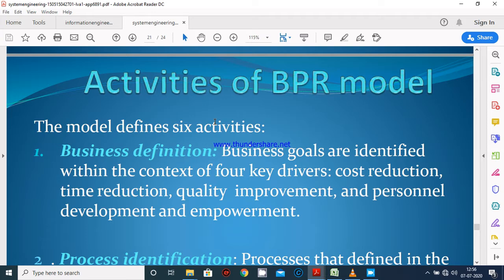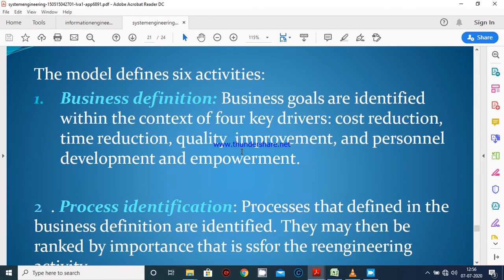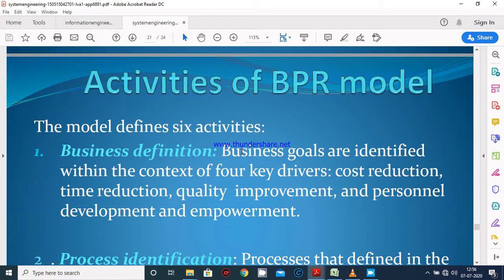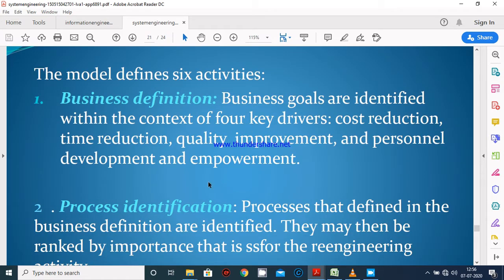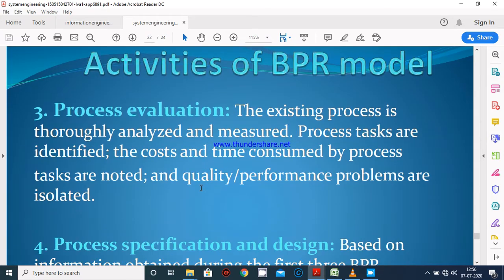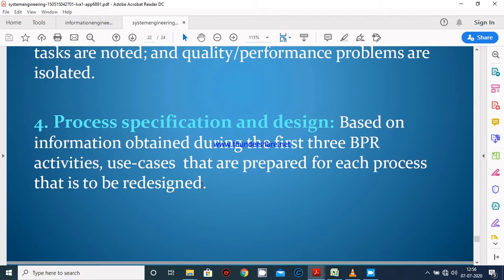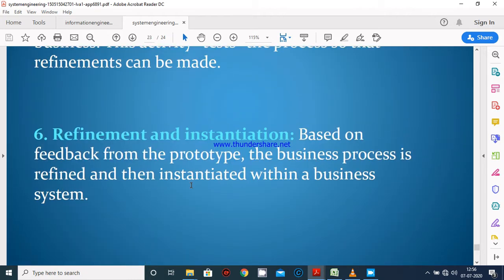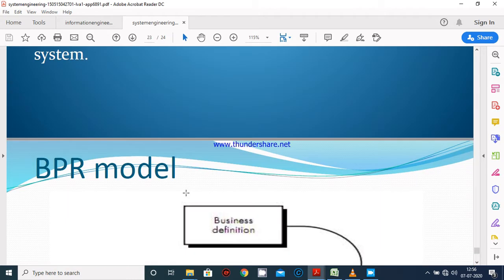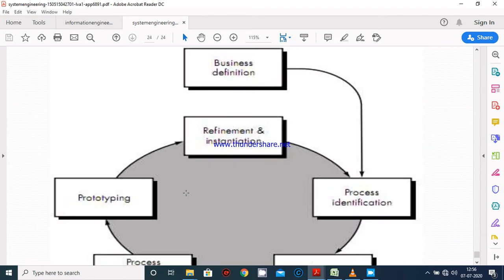I am going to explain through the BPR model. So there are 6 activities that are covered in product engineering. First one is business definition, second one is process identification, third one is process evaluation, next one is process specification and design, next one is prototyping, next one is refinement and instantiation. And this is the model.